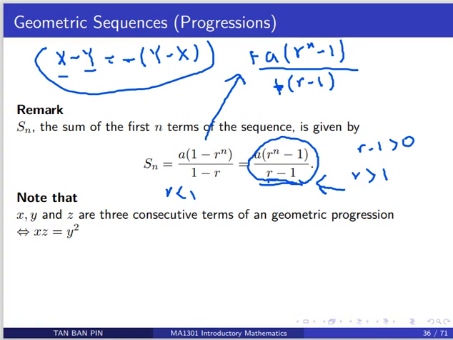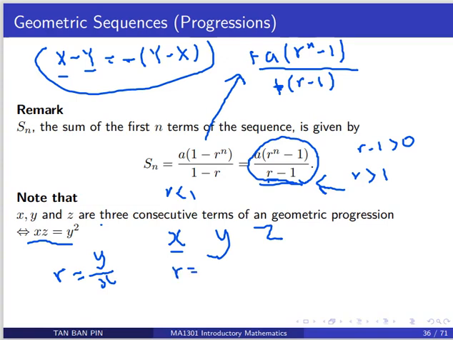Finally, let's look at this result. If you look at 3 consecutive terms of a GP, x, y, z, then you have xz equals y squared. If you take y divided by x, remember, if you look at 2 consecutive terms and you divide, it must give you the common ratio r.